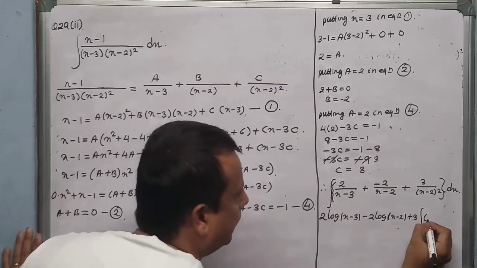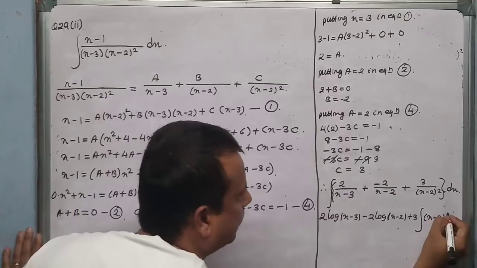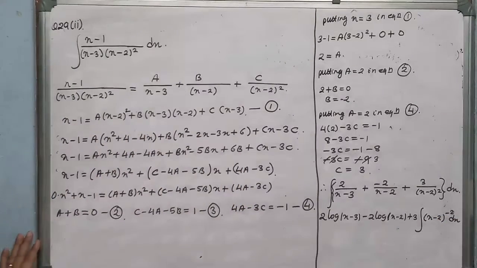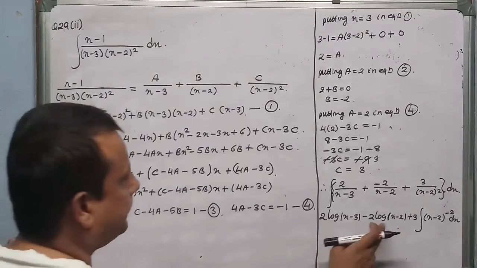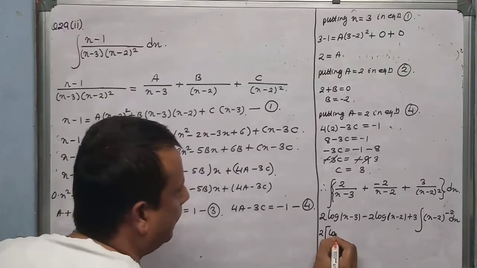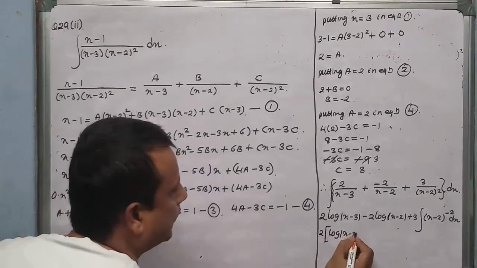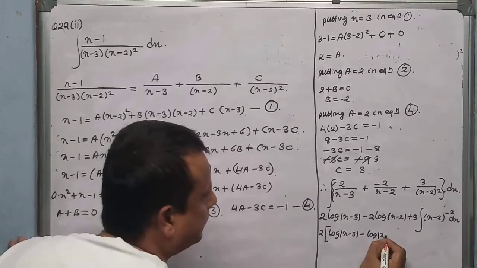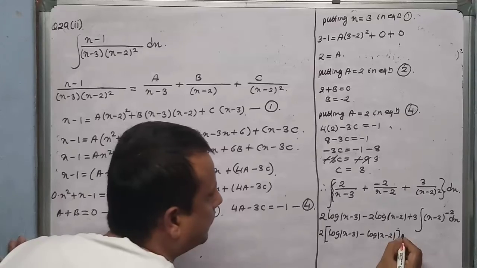Cannot integrate directly. In the previous one also I did the same question, minus 2 dx. Now I'll take 2 common from these two expressions. This one will be 2 into log of x minus 3 minus log of x minus 2, plus 3.